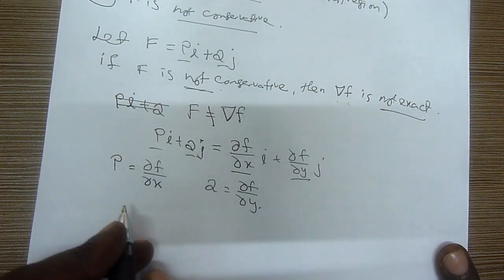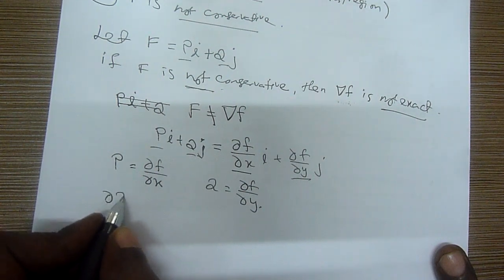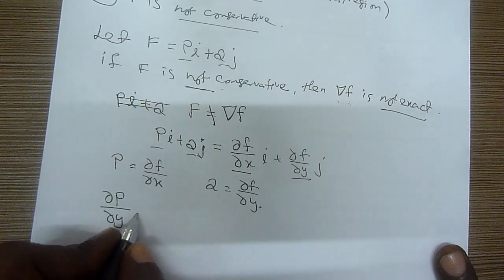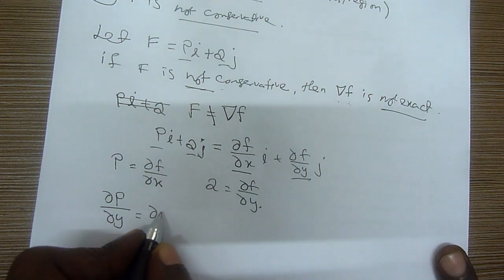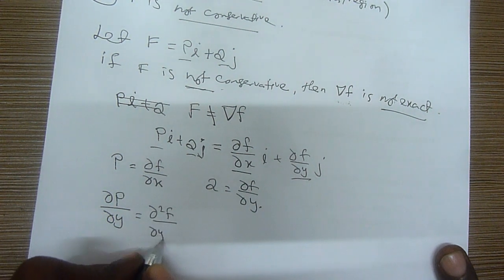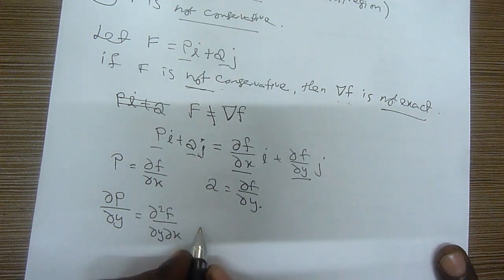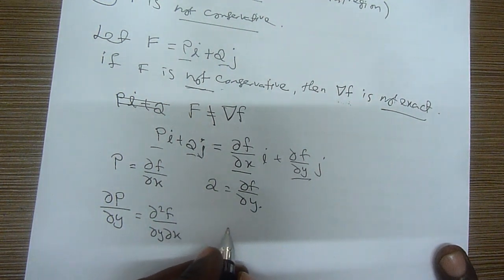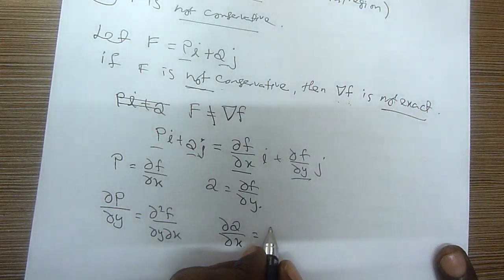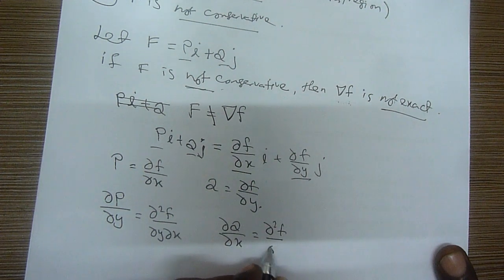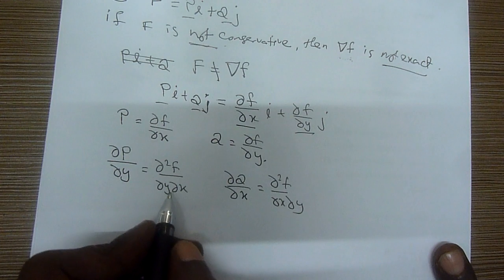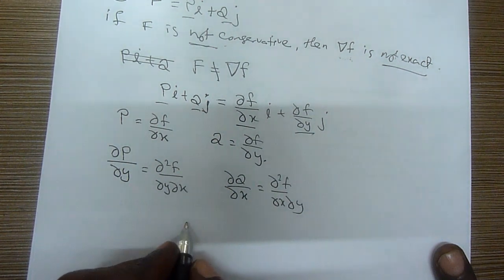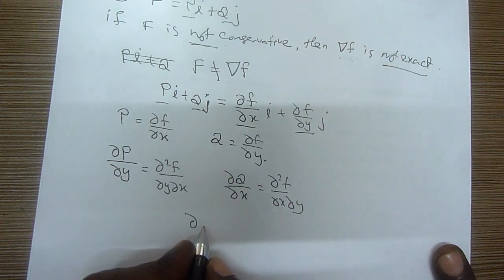Therefore, if it is not exact, I may say del P del y, which is del 2 f del y del x, is not equal to del Q del x, which is del 2 f del x del y. Therefore it is not the same. In which scenario will it not be the same?